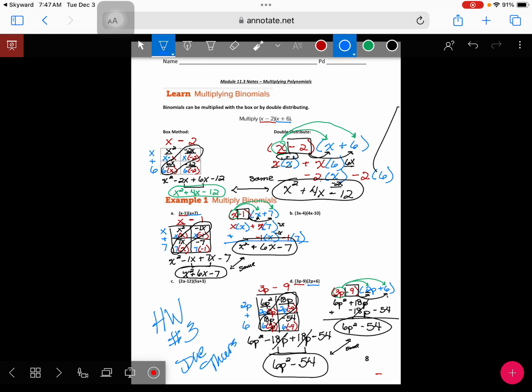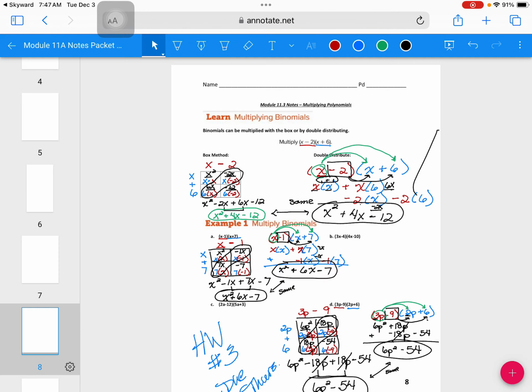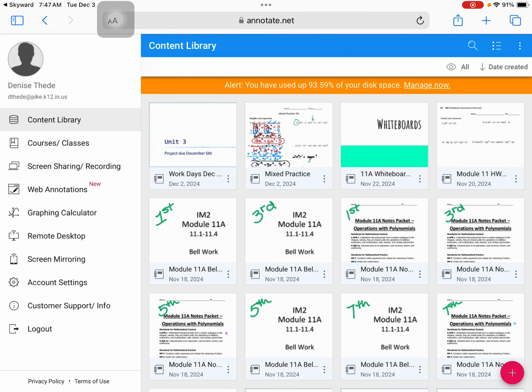You won't be able to do all of it. Let me find that and see which ones you should be able to do.